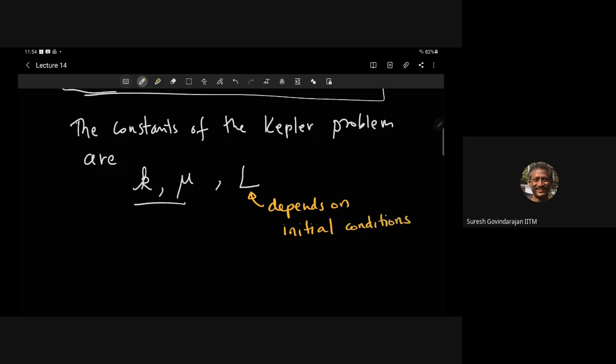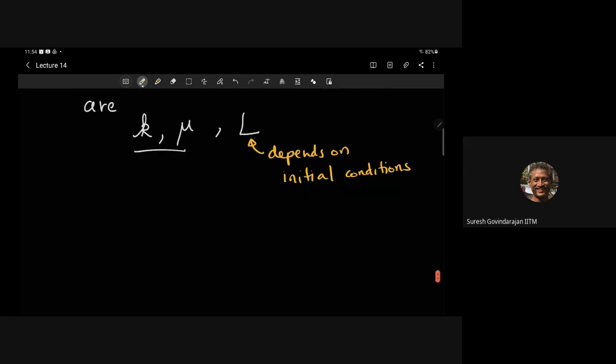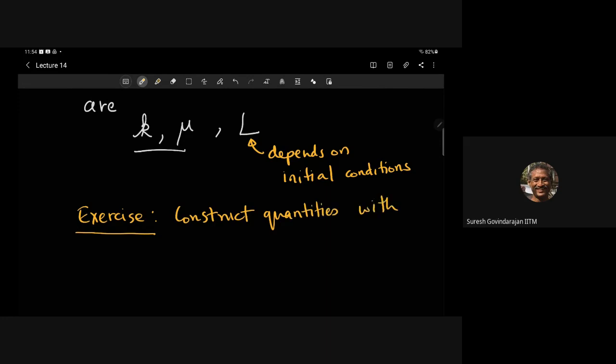Okay, so this is an exercise which you have to solve by tomorrow, and we will start from there. Construct quantities with dimensions of length.